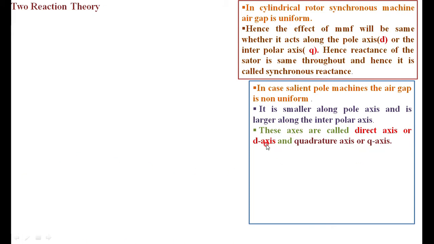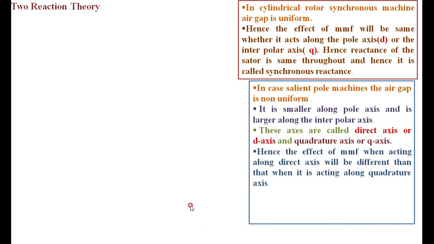That is, the pole axis is called the D axis, and the interpolar axis is called the Q axis. Hence, the effect of MMF when acting along the direct axis will be different from that when it is acting along the quadrature axis. It is quite evident because the air gap is not uniform. Because of that, the distribution of the MMF along the D axis and Q axis is not uniform.